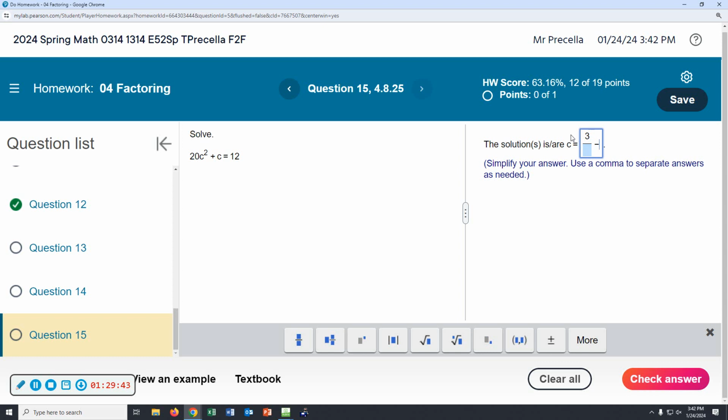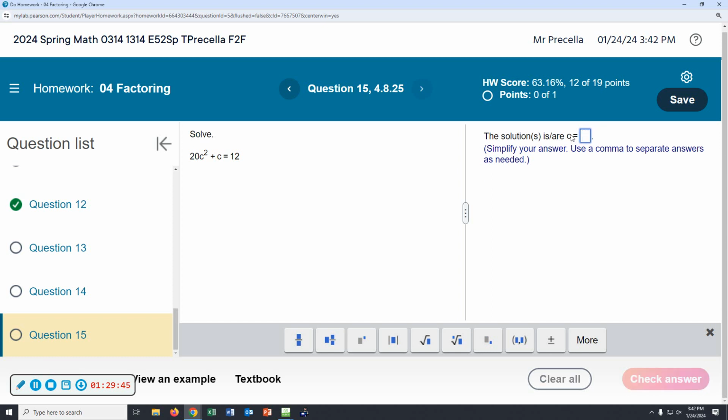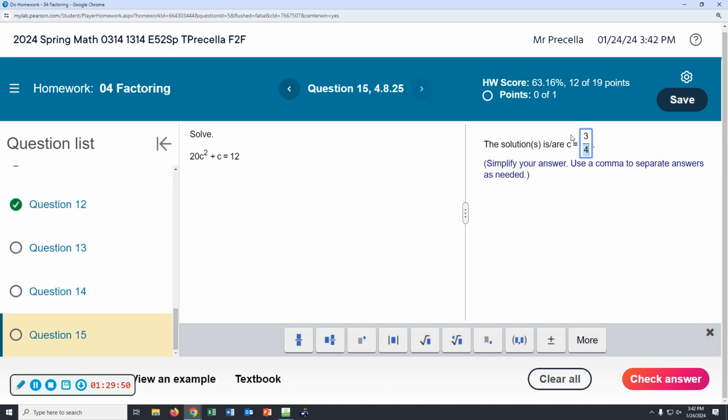Okay, so what is it? 3 over 4. You see where that thing is flashing? Do whatever it takes to get out of that denominator. I'll just use a right arrow. Okay? Notice it's no longer flashing in the denominator. It's beside the fraction. You put the comma and then negative 4/5.